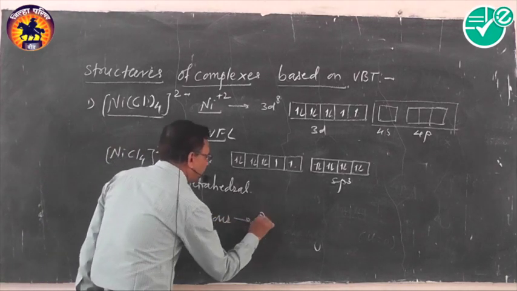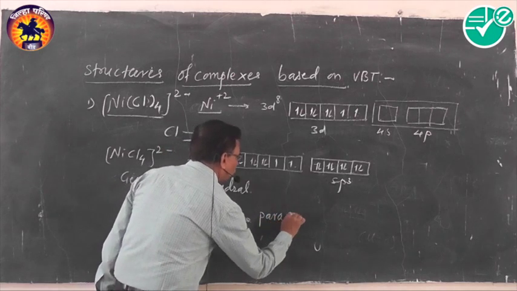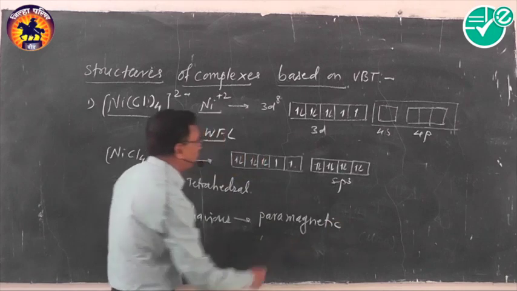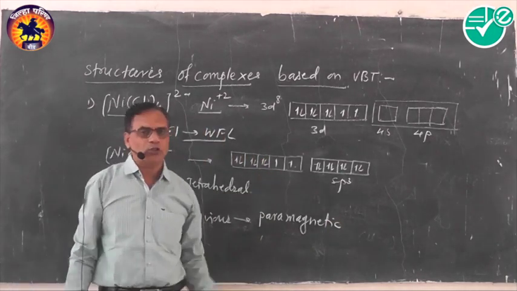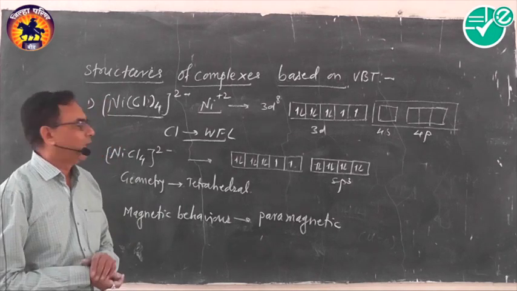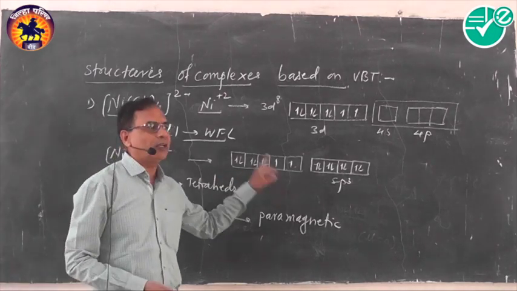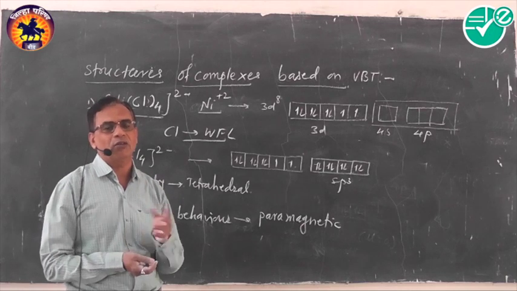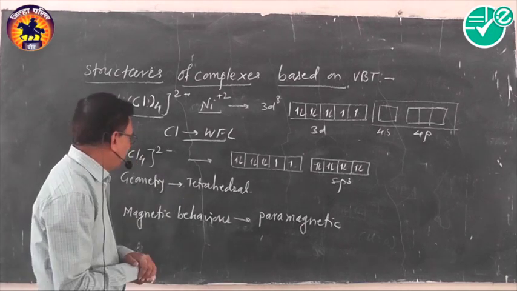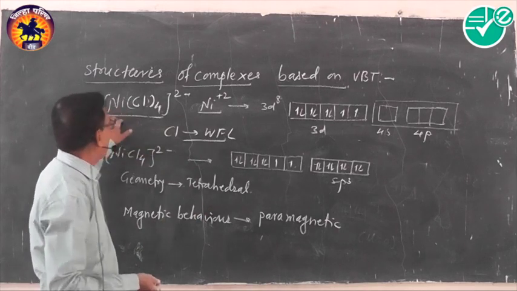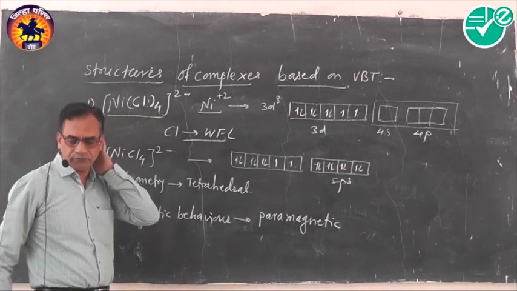It is paramagnetic with respect to 2 electrons, because it has 2 unpaired electrons. Hence, the magnetic moment corresponds to 2 unpaired electrons. It is 2.8 or 2.9, like this. So it is paramagnetic in nature. So this is the structure of NiCl4 2 minus.